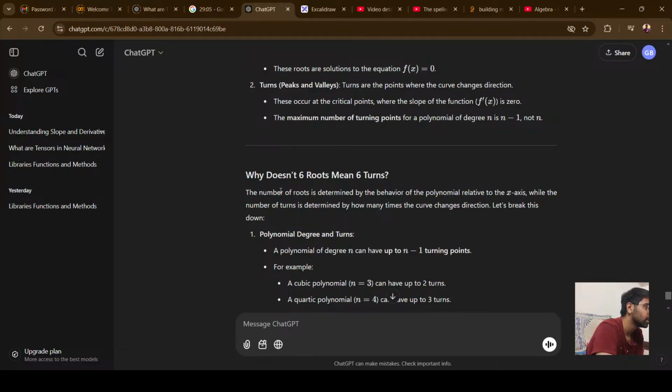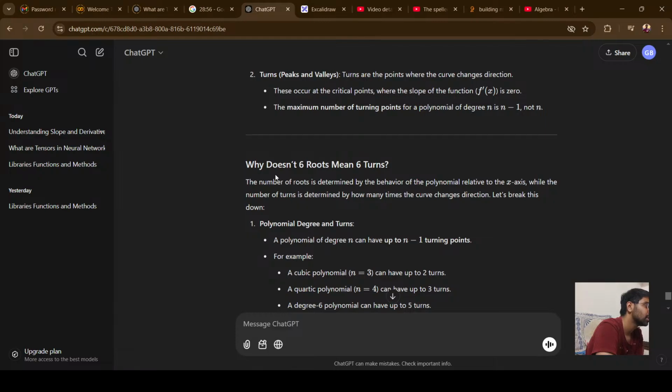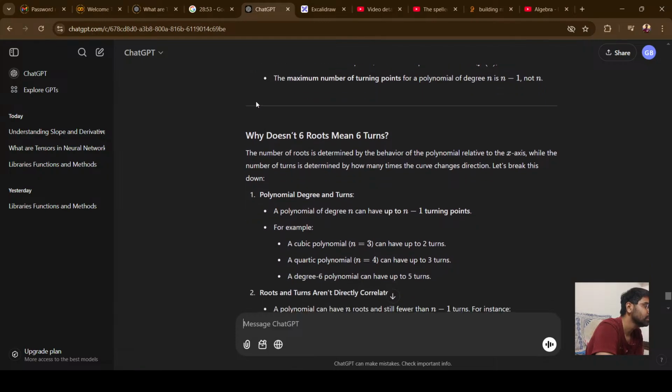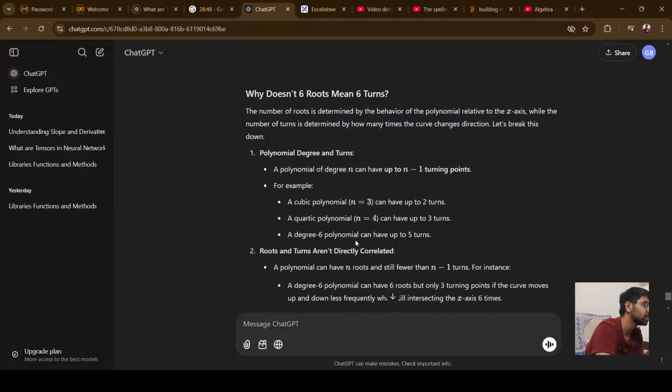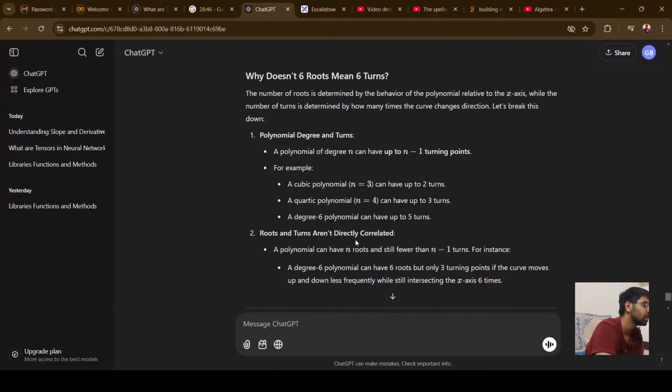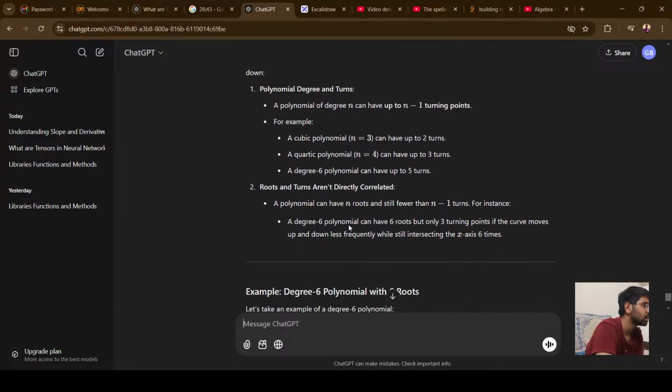A cubic, degree 3, can have 2 turns. The number of roots is determined by how the curve crosses the x-axis, while turns depend on how the curve changes direction.